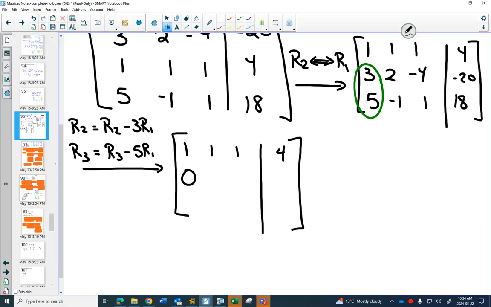What's left? If I took 2 and minus 3, then I would have a negative 1 there. If I took the negative 4 and subtracted 3, I would get negative 7 there. And negative 20 minus 3 will give me negative 32 there.